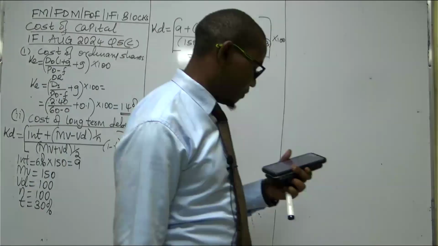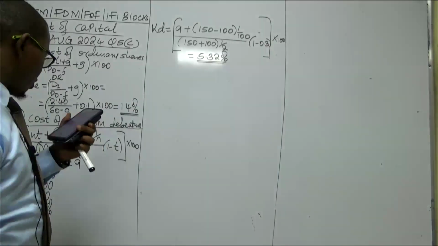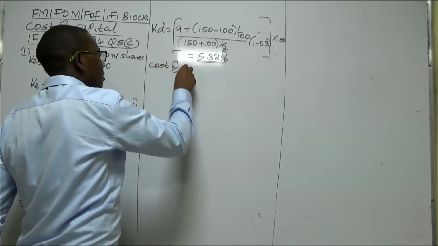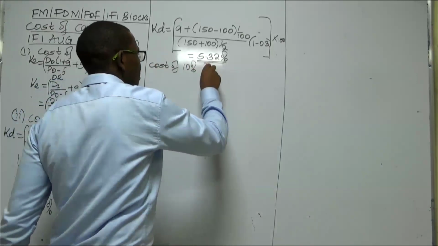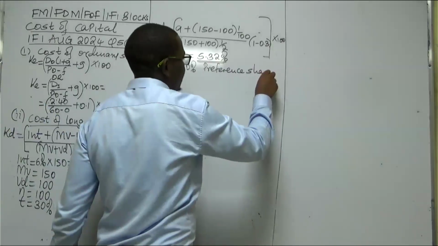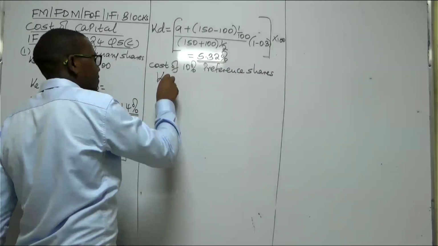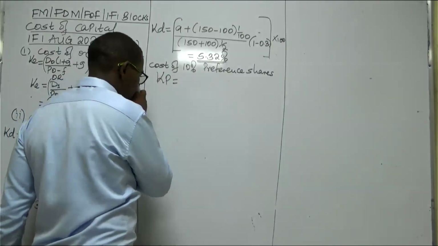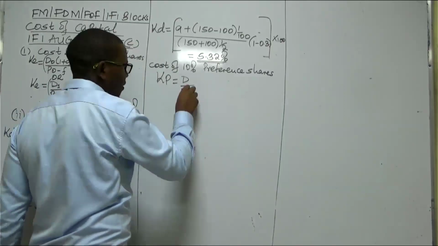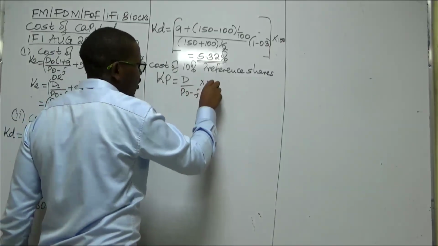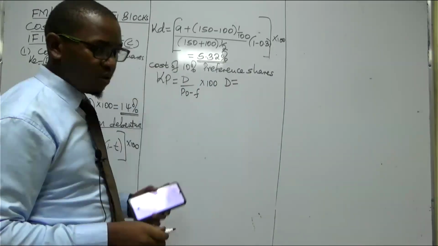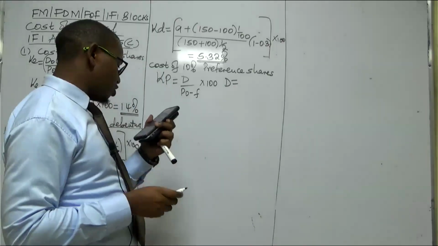We continue. We also have the cost of 10% preference shares. For preference shares, which is KP, it should be given by D all over P0 minus flotation cost, times 100. This is the dividend per share, which in this case you base on the capital structure.